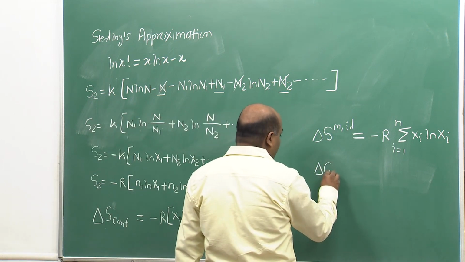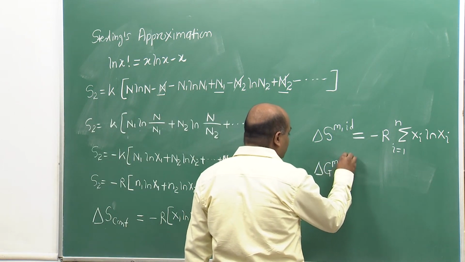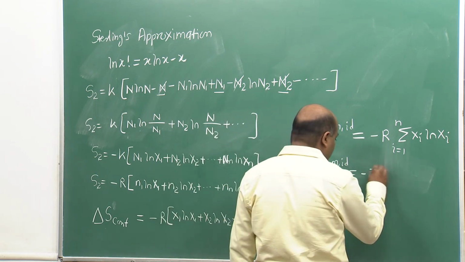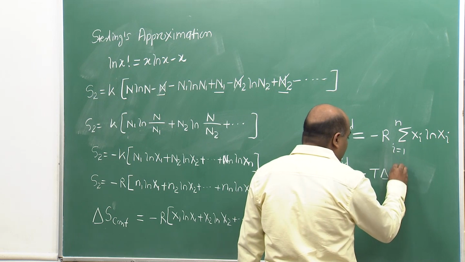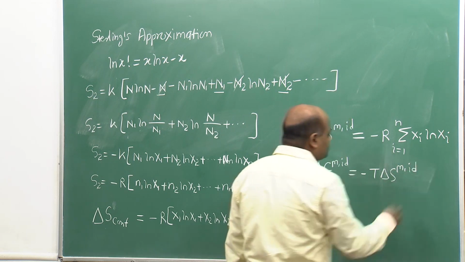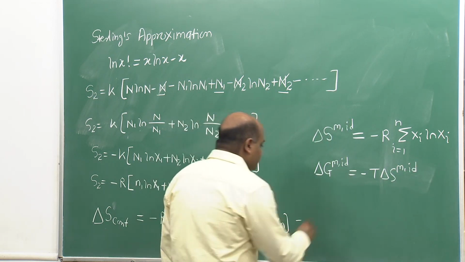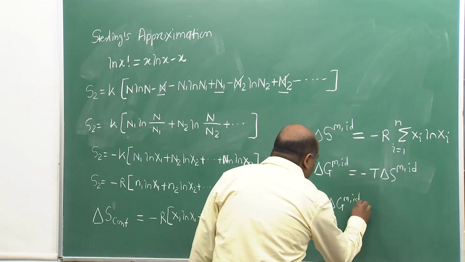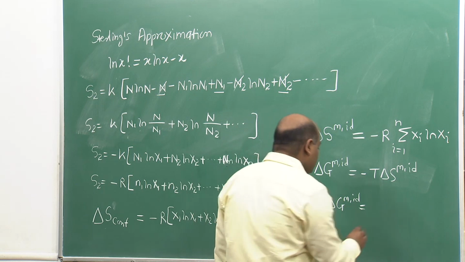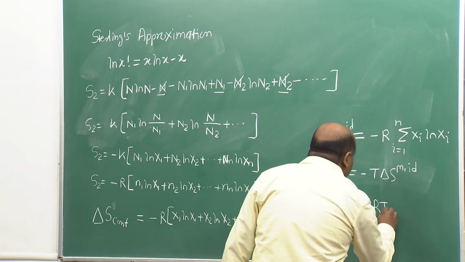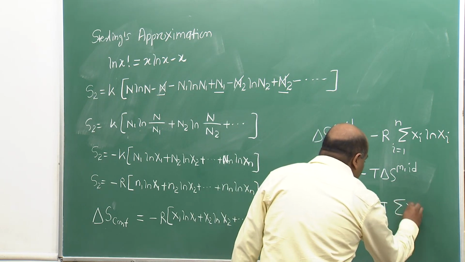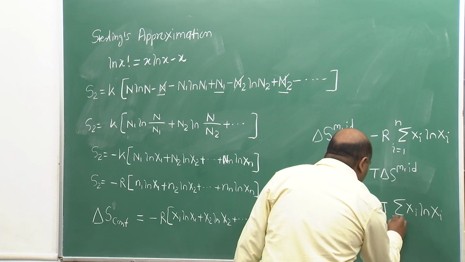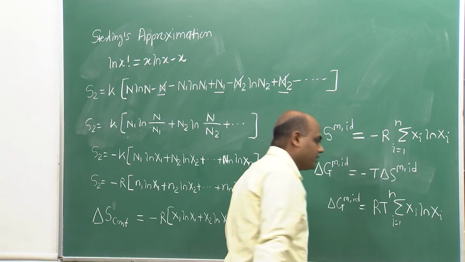Obviously, since delta Hm is 0, delta Gm ideal should be equal to minus T delta Sm ideal, and so delta Gm ideal should be equal to RT sigma xi ln xi, i equal to 1 to n.